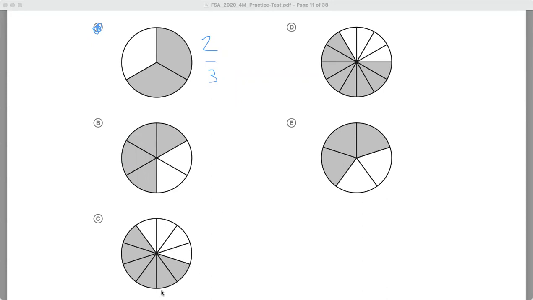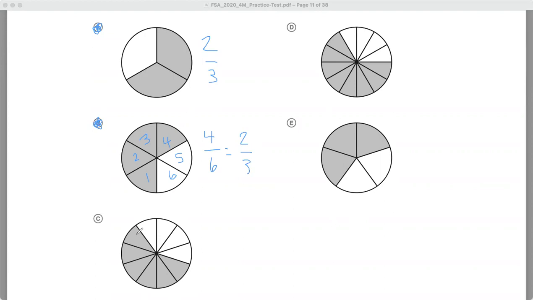Let me start that one over. I'm going to start counting with the shaded parts. 1, 2, 3, 4. So there's 4 shaded parts over 6 total parts. And you can reduce that if you divide 4 by 2 and 6 by 2, you get 2/3. So this one is also equivalent.